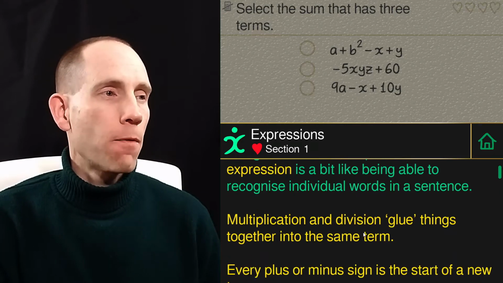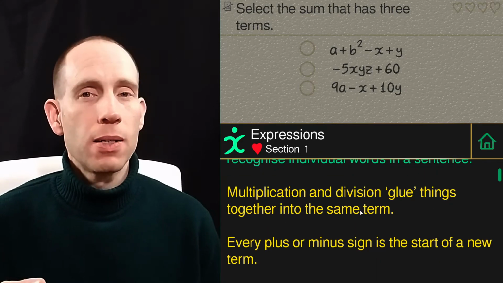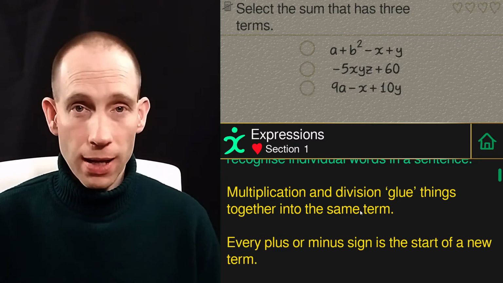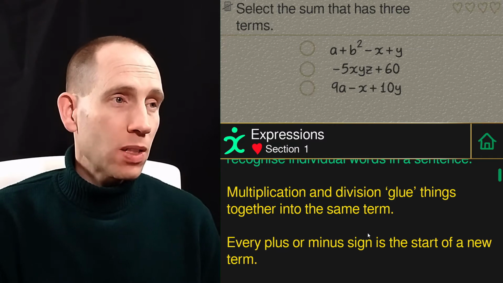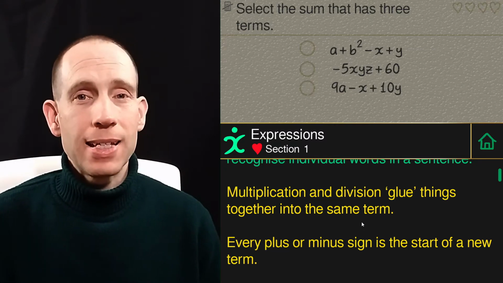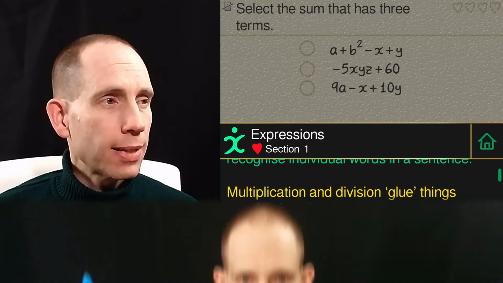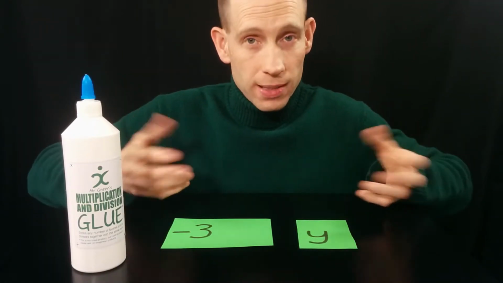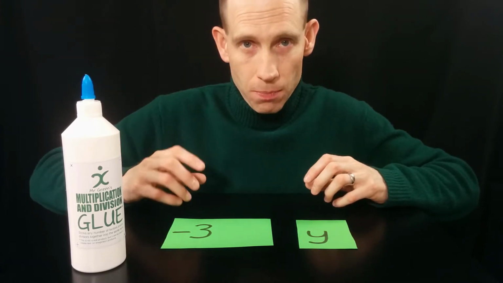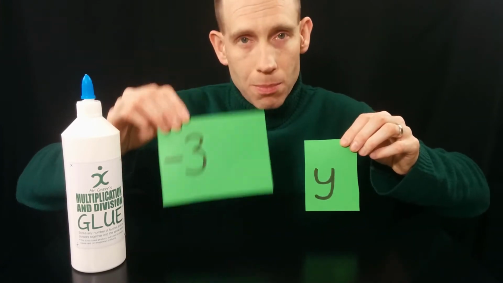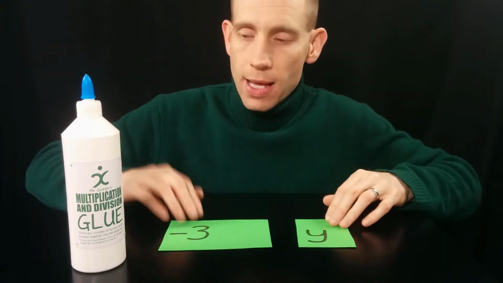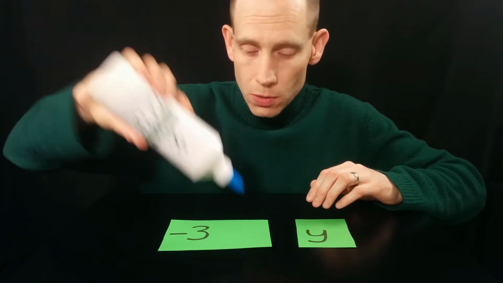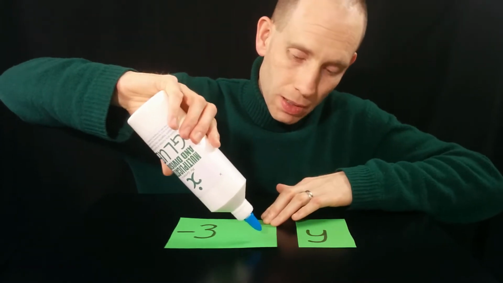Okay, so let's look at how we define a term and how we recognise where those terms start and finish. So multiplication and division glue things together into the same term. Let's talk about that. Multiplication and division glue factors together, or divisors together, into the same term. So I've got here two factors, -3 and y, and I've got my multiplication and division glue, which I'm going to use to glue them together into the same term.